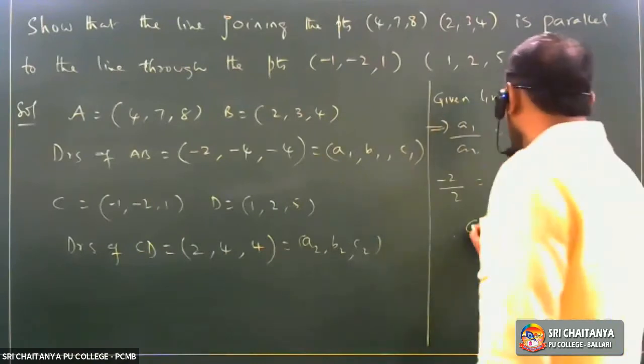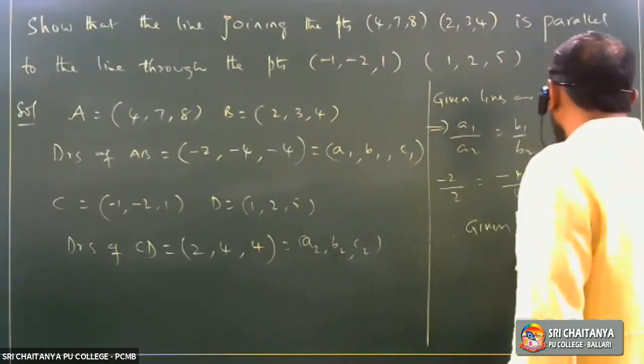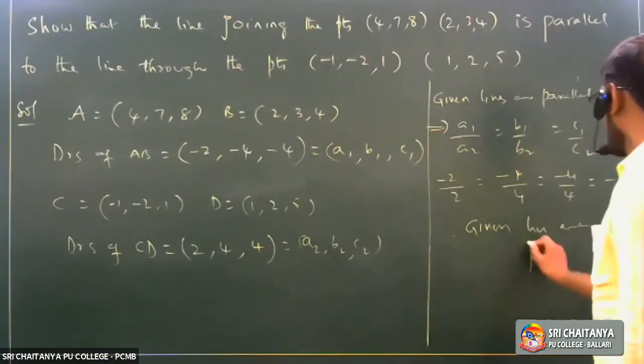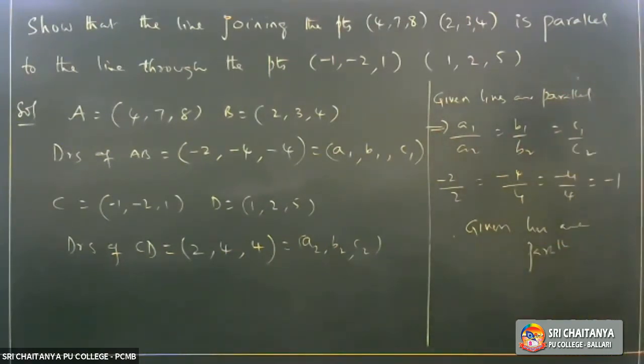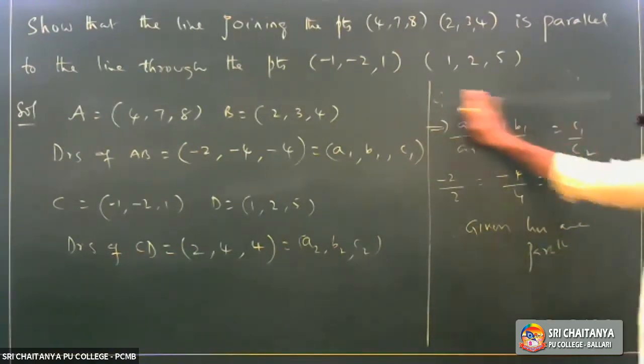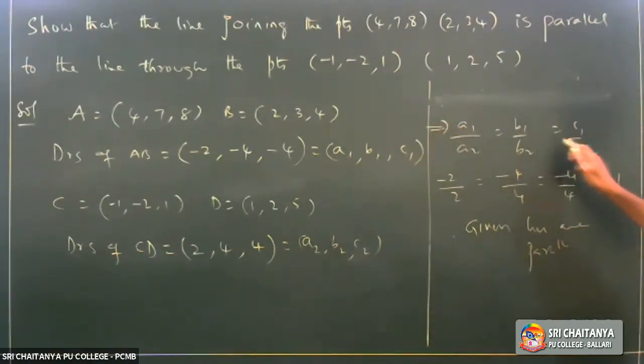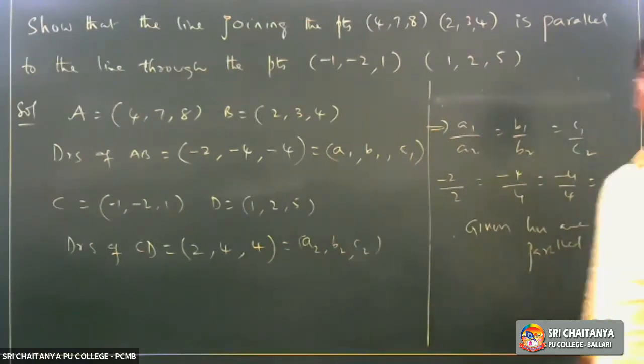Therefore, the given lines are parallel. That means he has to show that. What is the condition given to you? A1 by A2 is equal to B1 by B2 is equal to C1 by C2. If you do this, you should get three equal values. Therefore, the given lines are parallel to each other.